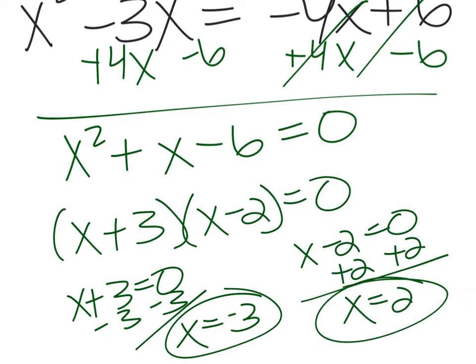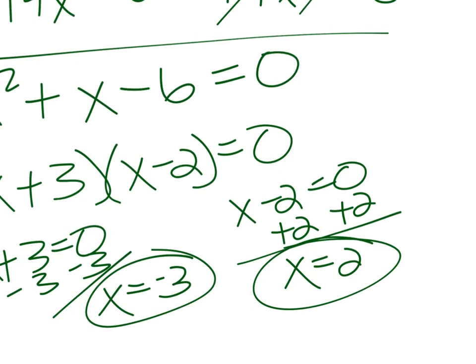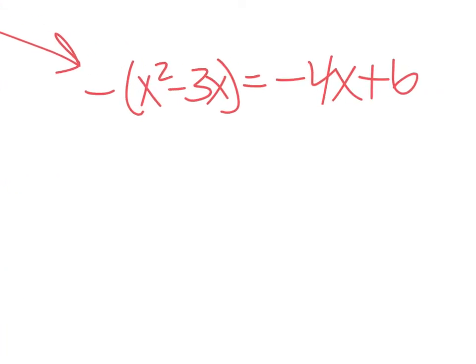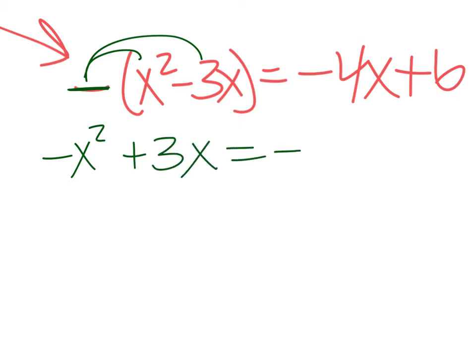Okay. But then remember, because of absolute value, we have another equation to solve where what's inside those brackets could have been negative. So here's two answers if it was positive, and then we're going to get two answers if you have this negative. So now I need to distribute the negative. That'll turn that into a positive 3x. And this time, I want this to be a positive x squared.